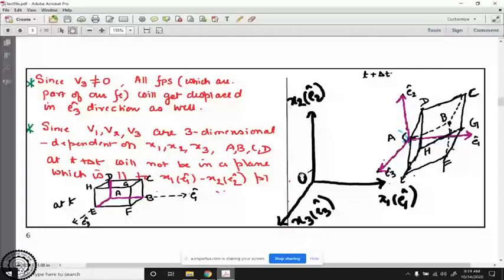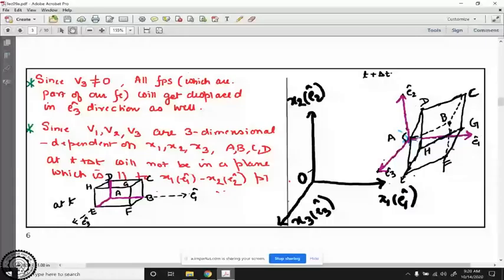So I have tried to draw here, to the best of my drawing ability, the state of that fluid element at t plus delta t in a general distorted state. I'm trying to show that the plane in which ABCD are lying is not necessarily parallel to the original plane, or parallel to the plane of e1 and e2.